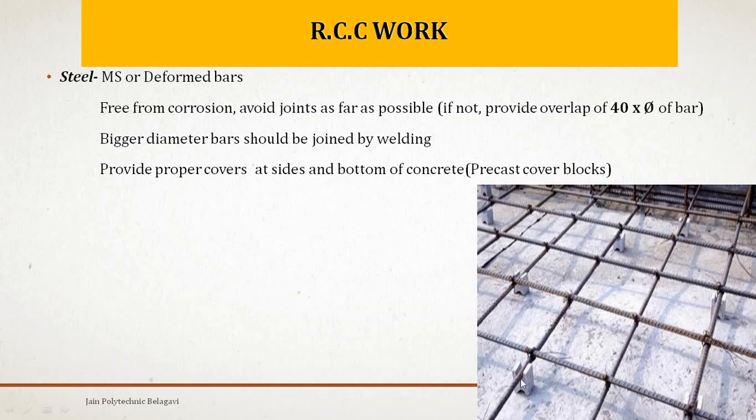They provide the cover for the steel used in the RCC work. The steel should not get disturbed during laying and compaction of concrete. The reinforcing bars should not move from their positions, and bars of the laid portions should not be disturbed.